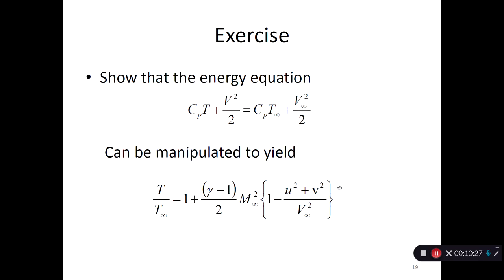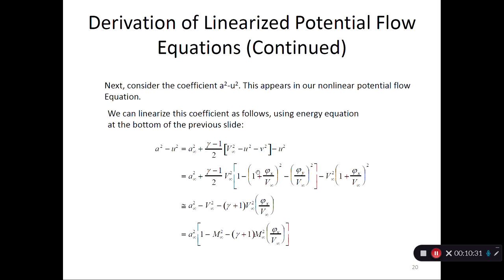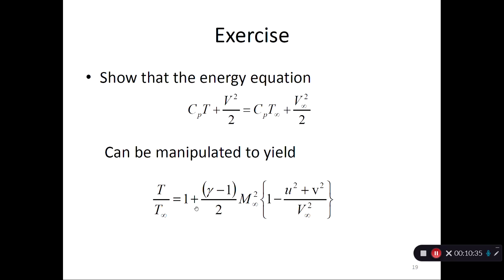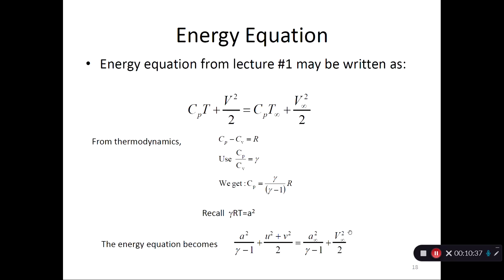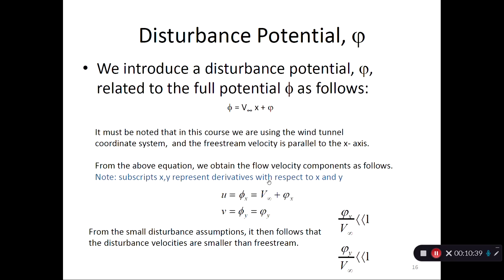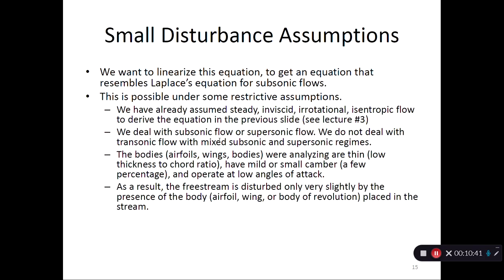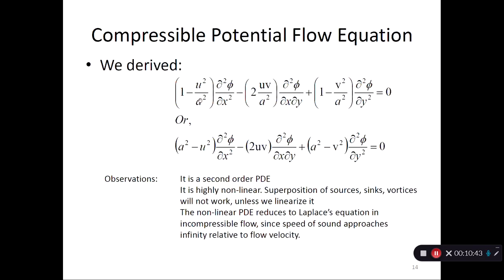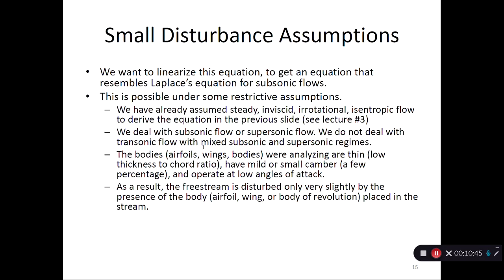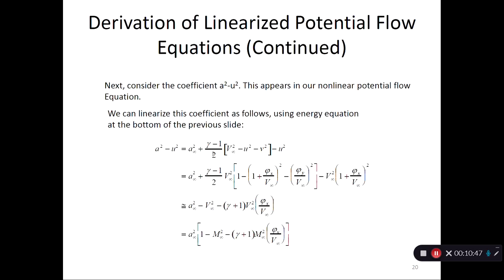You need to be ready for the second quiz. Now, I'm going to take a squared on one side, take everything to the other side. Then I'm going to subtract u squared from the a squared. So skipping a couple of algebraic steps, that a squared minus u squared is like this. This is still exact. Okay.